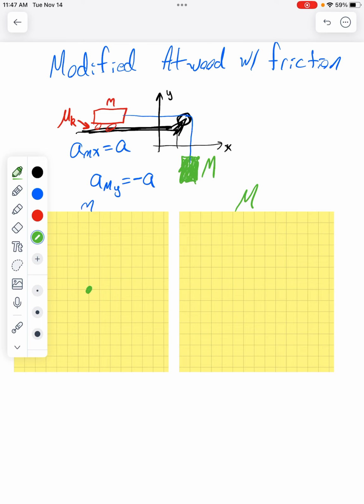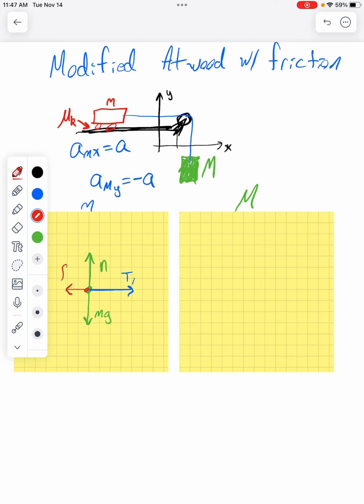So I'm going to make the weight of little m and the normal force on little m both 3 marks. And we're going to have the tension pointing to the right. I'll just make it 4 marks. And we're going to have some friction pointing to the left.